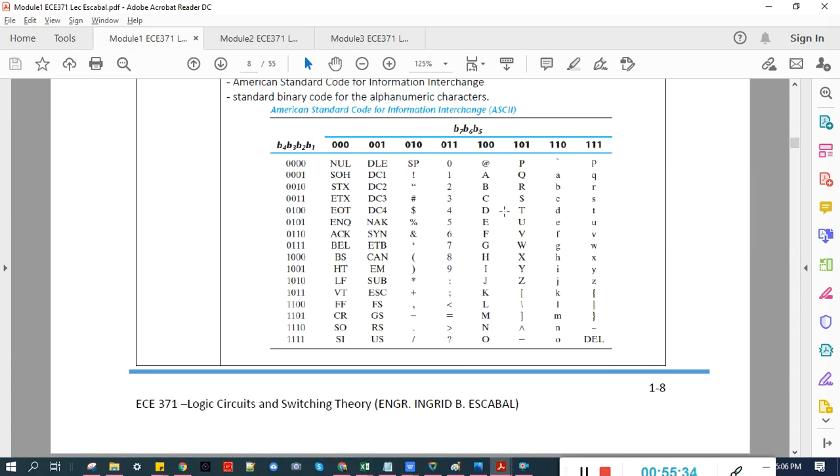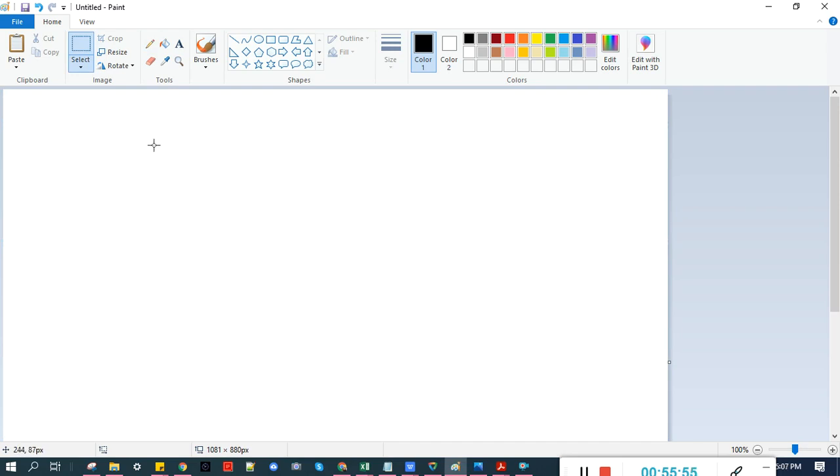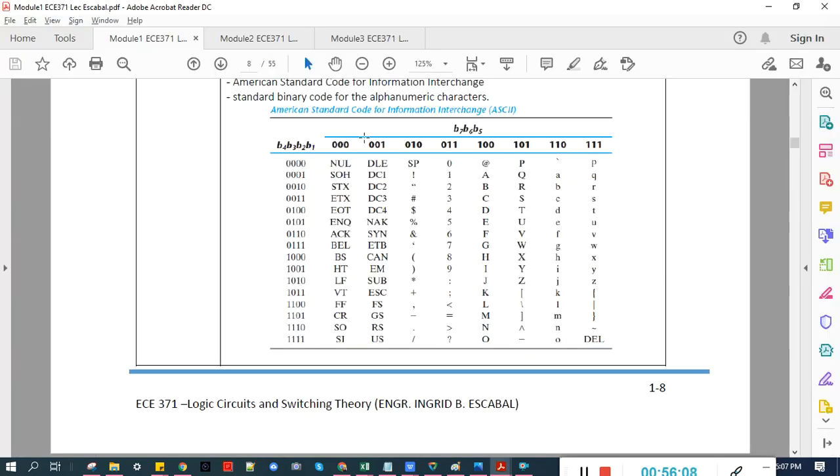See, capital letters are distinct compared to the lowercase letters. For example, if I want to write the ASCII equivalent of my name, for I, let's follow the bits here.